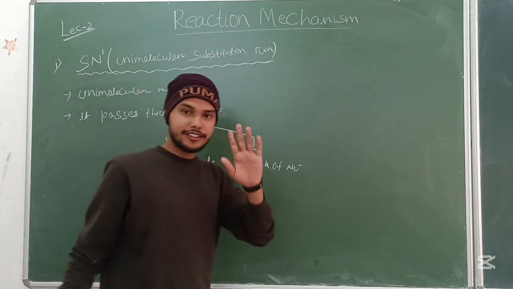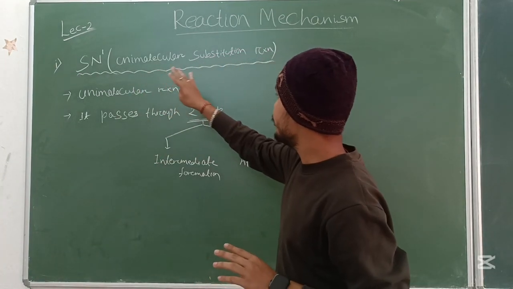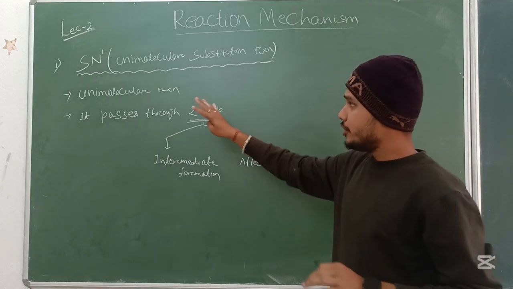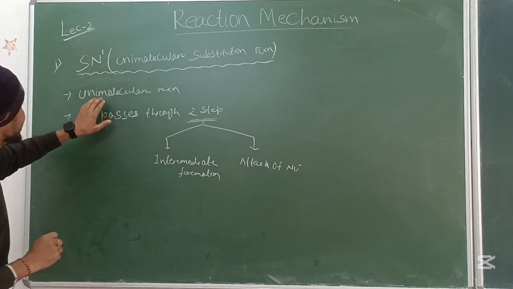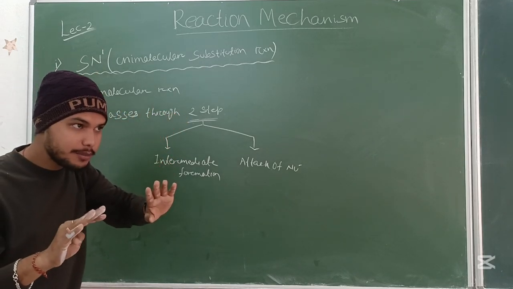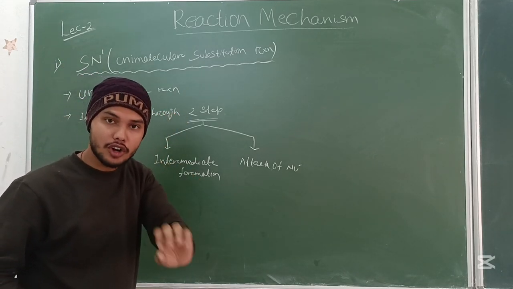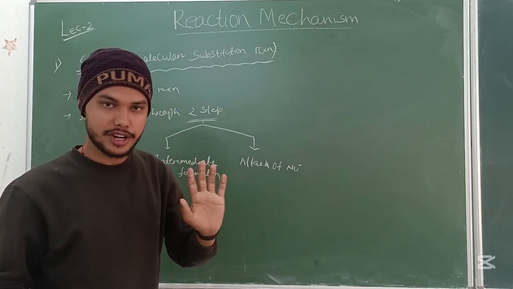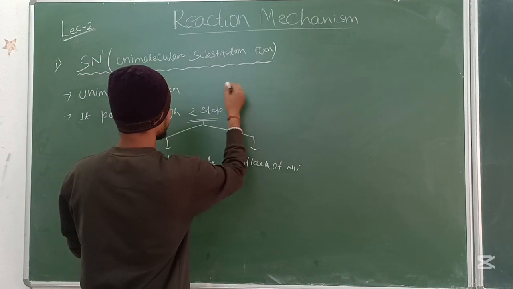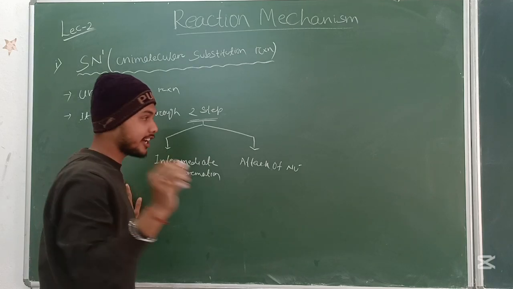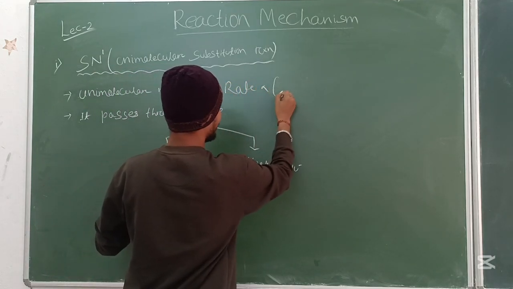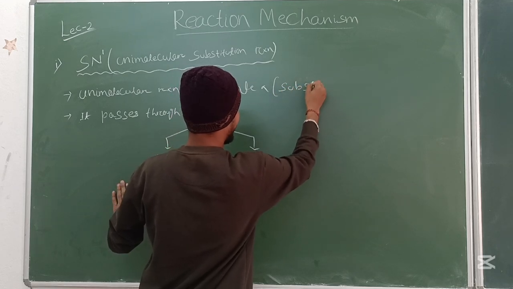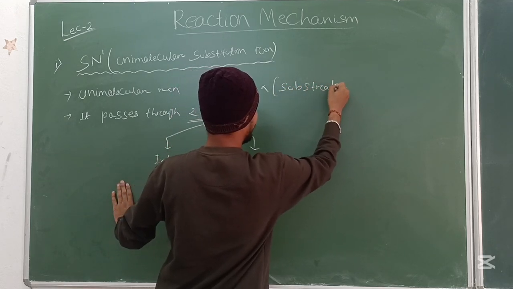In the SN1 reaction, that is the unimolecular substitution reaction, these are the basic points. In SN1, the subscript 1 means this is a unimolecular reaction. Unimolecular means this reaction depends on only one substrate. That is, if we write the rate law, the rate is proportional to the substrate.